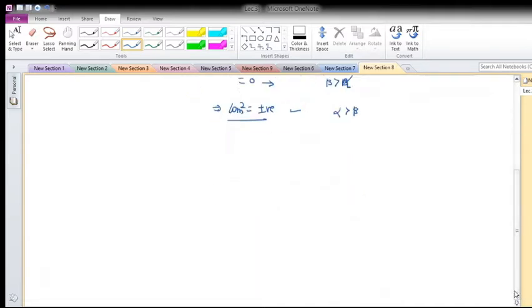So first let me draw the magnitude response, with omega on the axis. Let me draw how the response will be for the three conditions of alpha and beta: when alpha is greater than beta, when alpha is equal to beta, and when beta is greater than alpha.